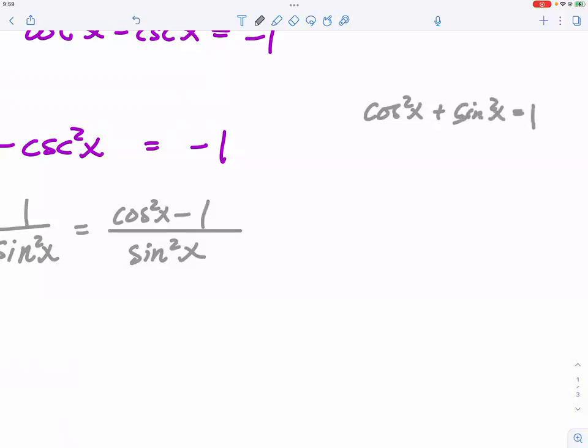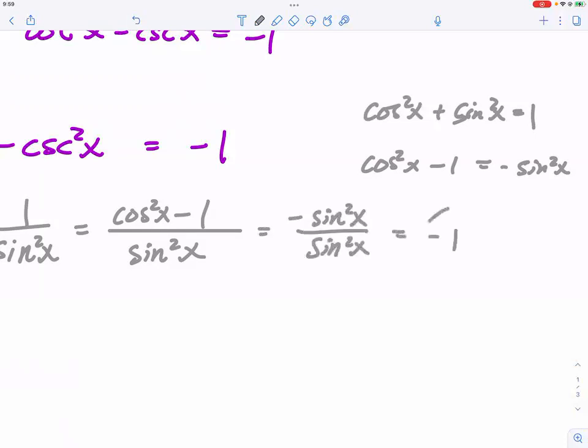If I have to move things around, then I would have this. Now, be very sure that you're not messing up with the sign. Let's do a negative over there. So then you're like, oh, okay, so the numerator simply becomes negative sine squared x over sine squared x, which is still going to give you -1.